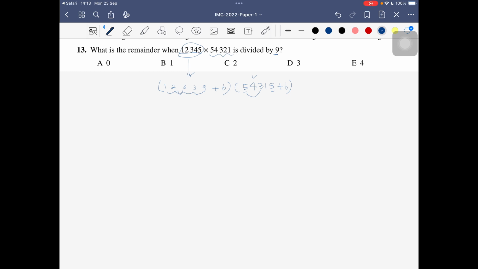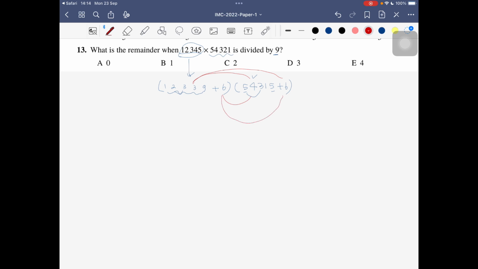So this was a multiple. When we expand this, the idea is we make the FOIL from here to here. Multiplying two multiples of 9 is always a multiple of 9. And like this, also a multiple of 9. This one, a multiple of 9. So those don't affect the remainder.